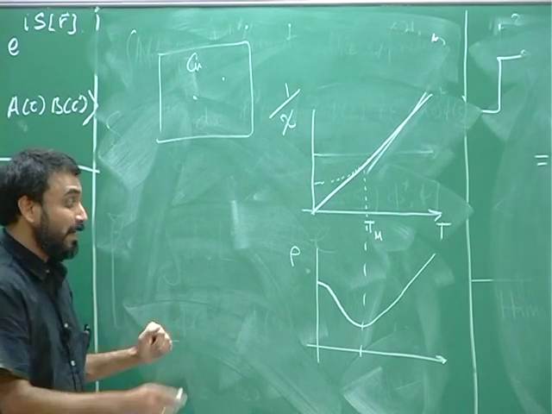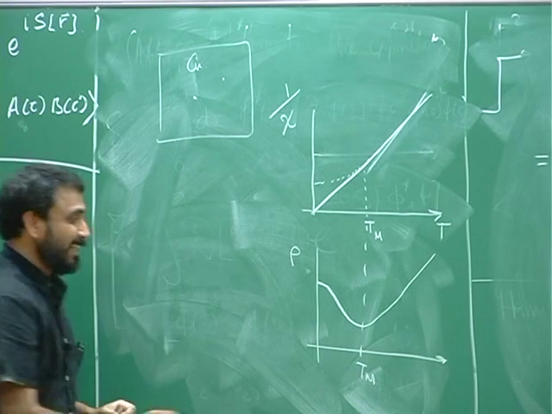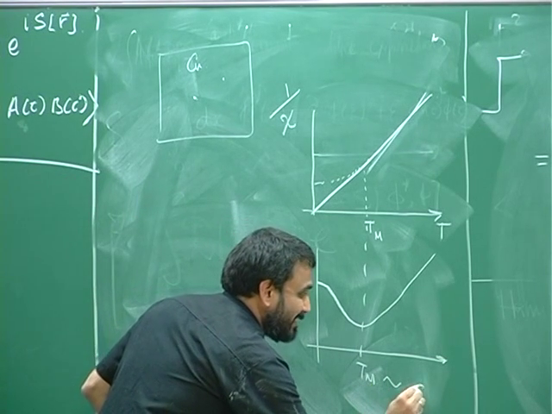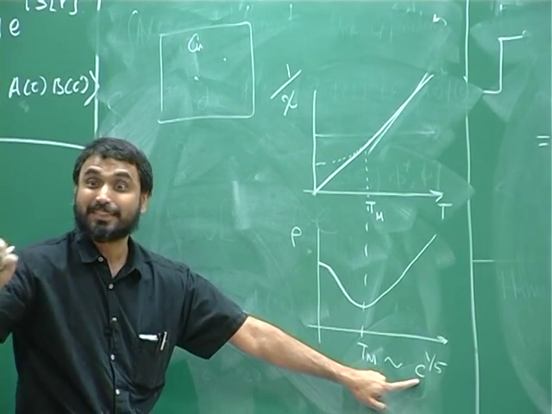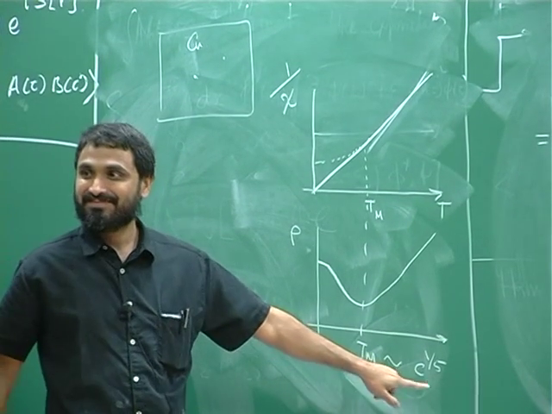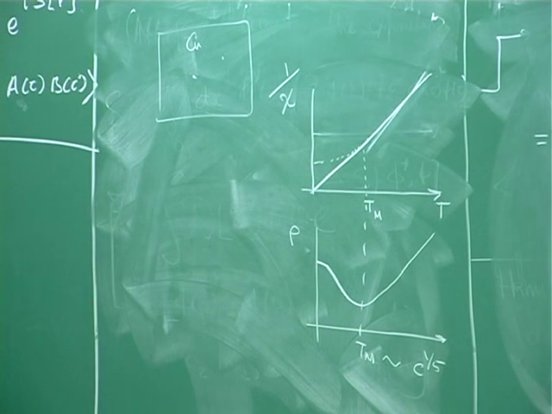Okay. Now there is this Tm, and very interestingly, Tm goes as C power 1 by 5. What is C? C is the concentration of the impurities that you have. Okay, so this is the phenomenon.